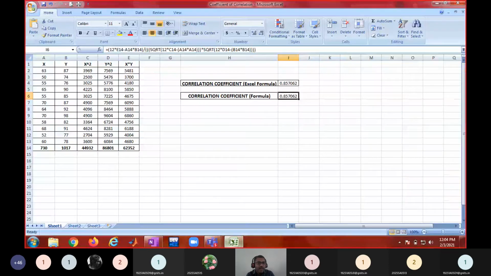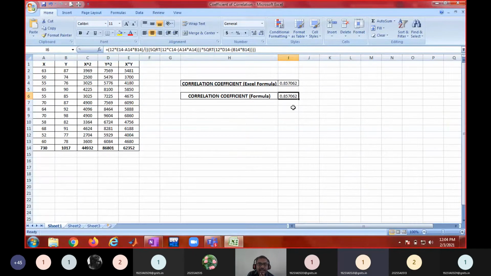What is n here? How many data points are there? There are 12 data points, so n equal to 12. Can you see this? Yes. E14 is this one: 12 into sigma xi yi minus sigma x into sigma y, divided by square root of 12 into sigma xi square minus sigma xi whole square, into square root of 12 into sigma yi square minus sigma yi whole square.